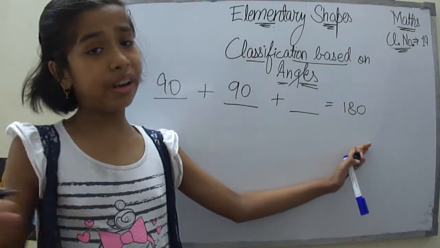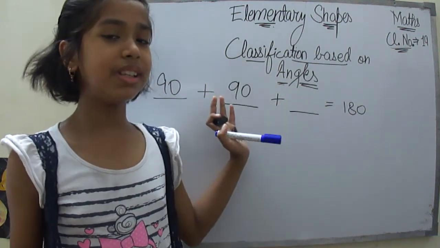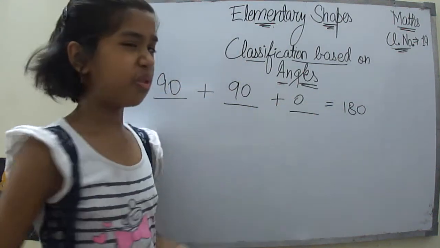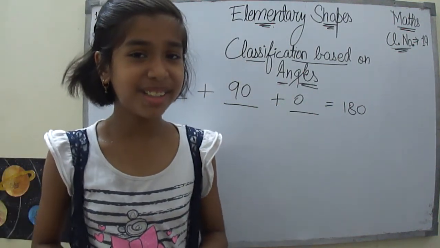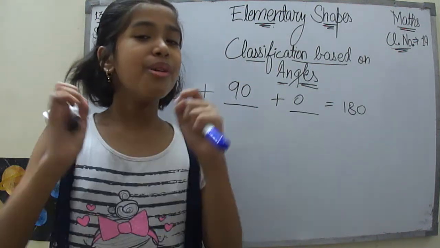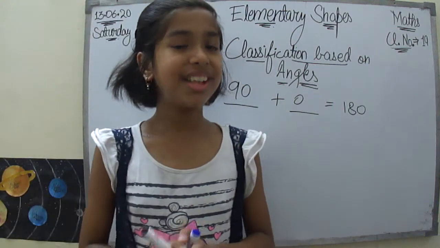And if there is already 180 degrees, the number added to it should be 0. What? 0 degree angle? Yes. Because of this, we couldn't have a triangle with two 90-degree angles.